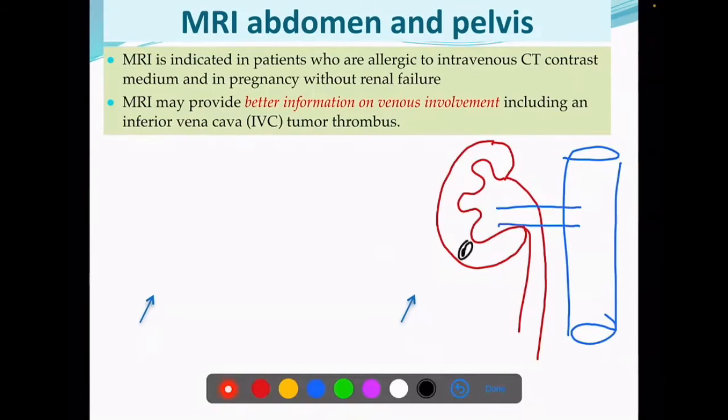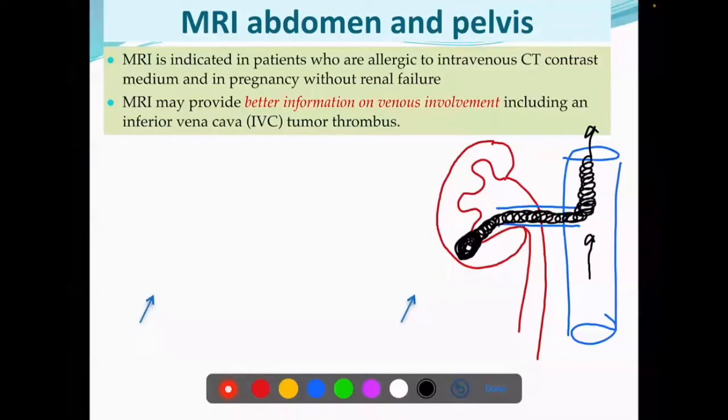So the cancer will follow through the renal vein and then the inferior vena cava and then spread to the system, right? To know whether the cancer has involved the inferior vena cava or not, the better investigation than CT scan is MRI.